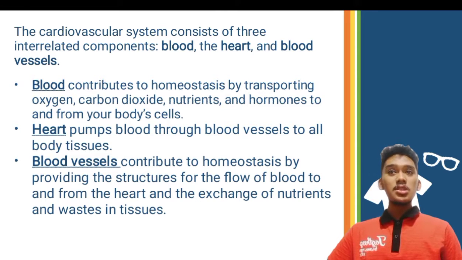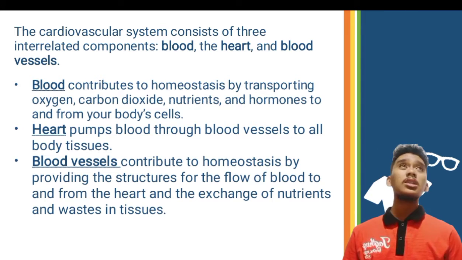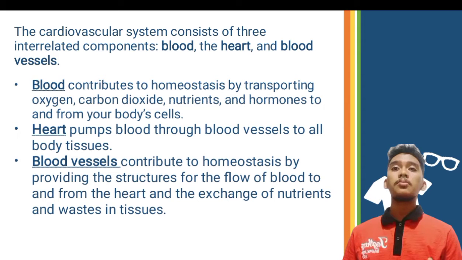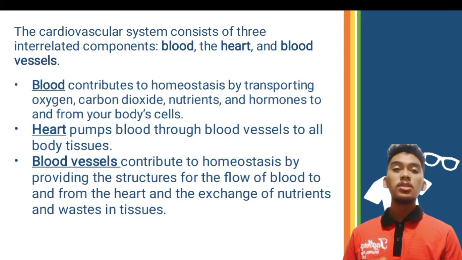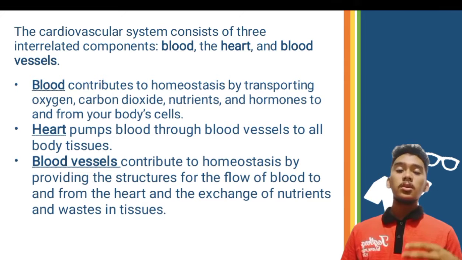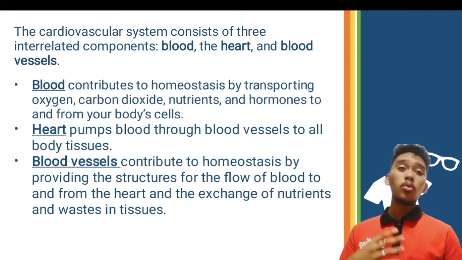The cardiovascular system consists of 3 interrelated components, which are the blood, heart, and blood vessels. Blood contributes to homeostasis by transporting oxygen, carbon dioxide, nutrients, and hormones to and from our body cells. So the blood delivers and circulates these throughout our body.